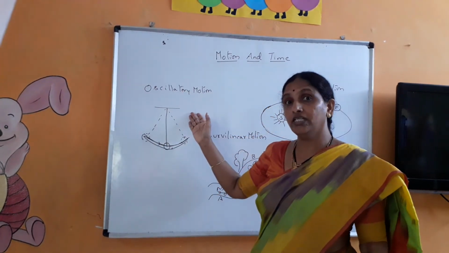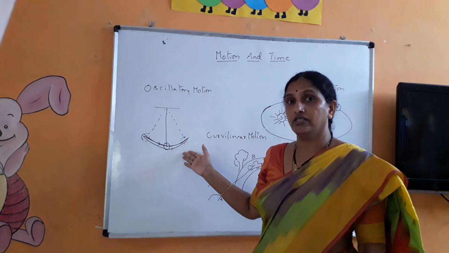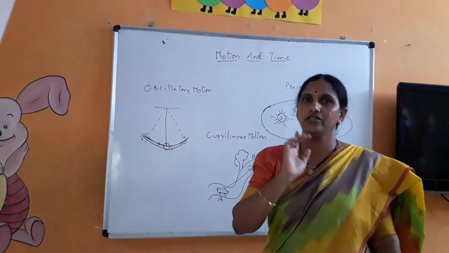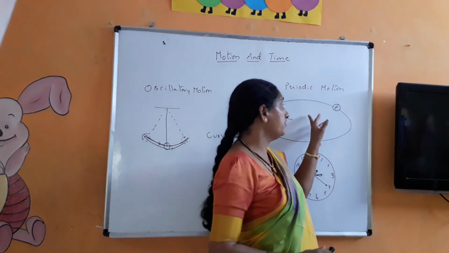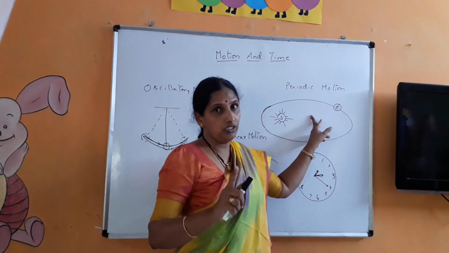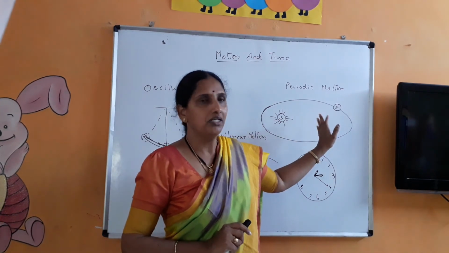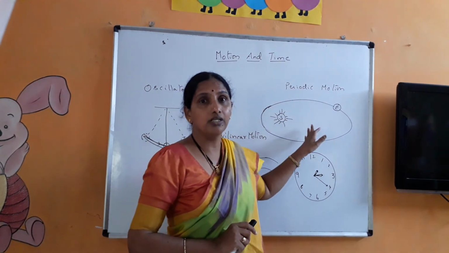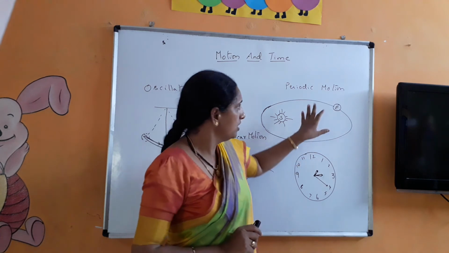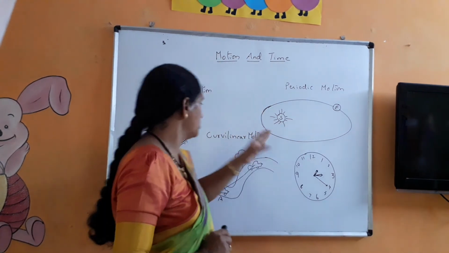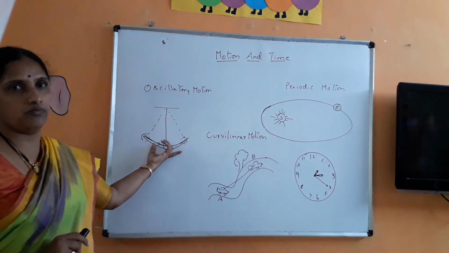This oscillatory motion is periodic. So, definitely every oscillatory motion is periodic. But every periodic motion need not be oscillatory. Is that clear for you? Every periodic motion need not be oscillatory. Why? Because this is periodic motion, this is also in periodic motion, this is also in periodic motion.